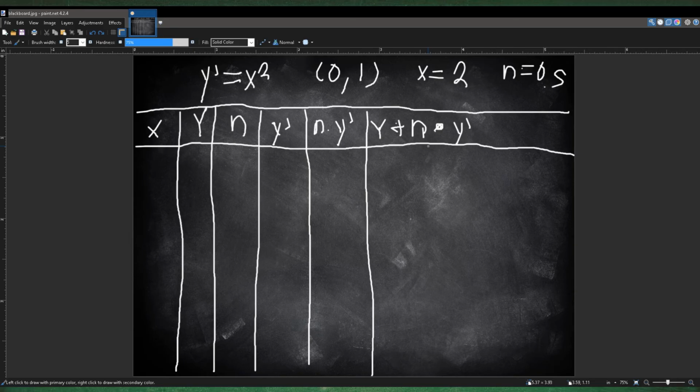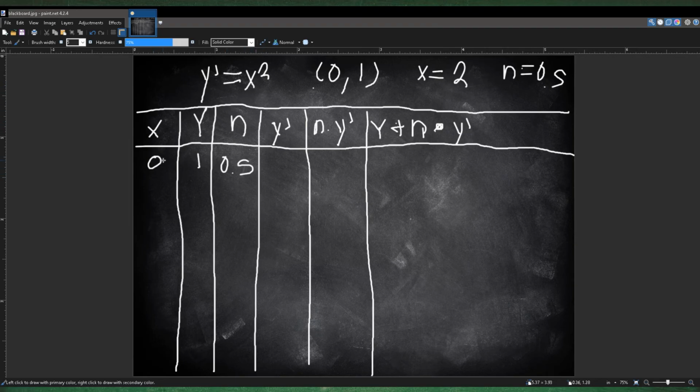So let's use our example for now. We always start out with our first point. So our first point they gave us is 0, 1. Okay? So we have 0, 1. So what's our step size? 0.5. So what's our derivative at y? Our derivative is equal to x to the power 2.